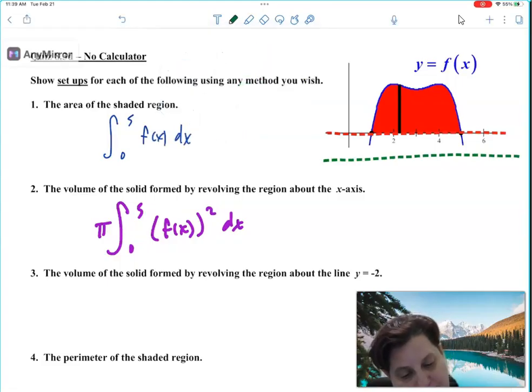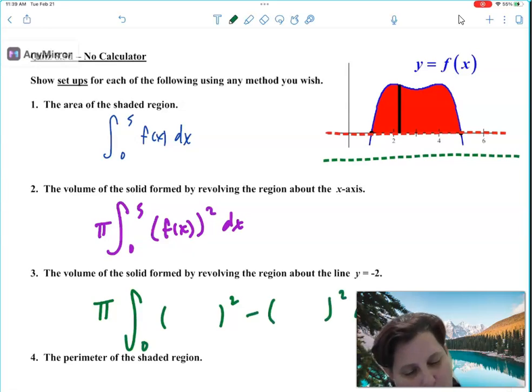All right. Pi. And then this one is going to have an inner radius squared, outer radius squared. Oh, sorry, it's going 1 to 5. I don't know why I kept putting 0 to 5. It's going 1 to 5.